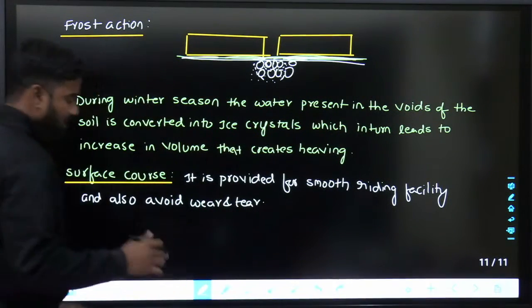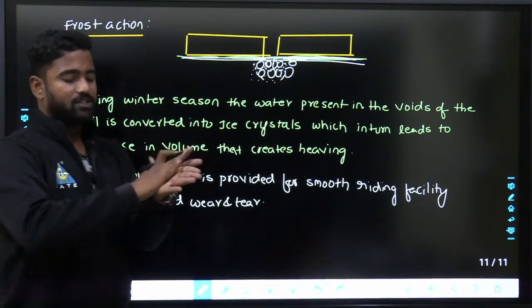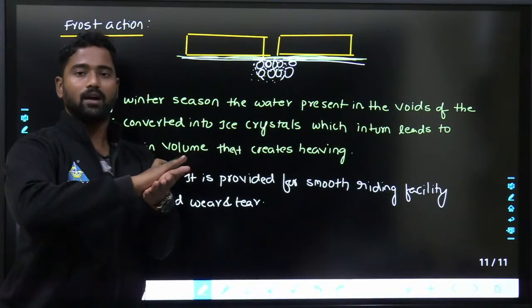Wear and tear means, it's like, when there is friction between the vehicle tire and the road.